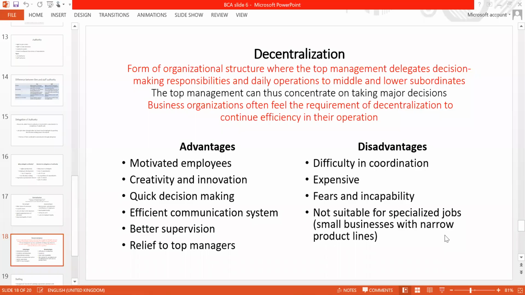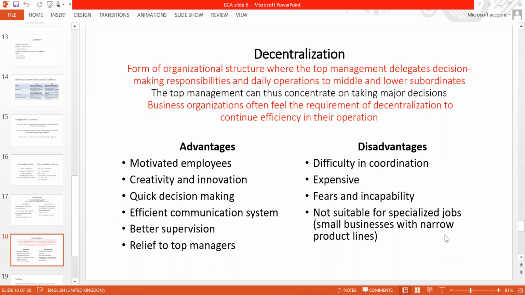Let's look at the decentralized one. Let me share. A decentralized structure is the form of organizational structure where the top management delegates decision-making responsibilities and daily operations to middle and lower subordinates.